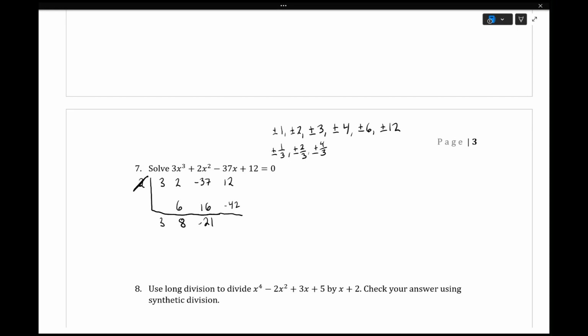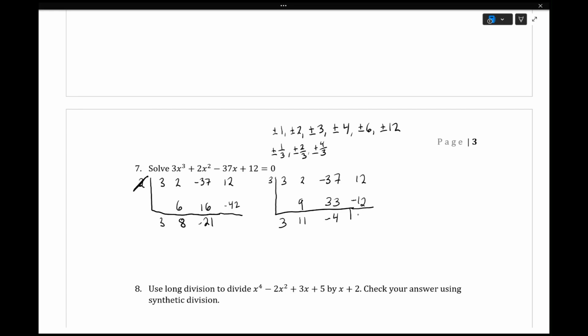So maybe 3 will work. So I do the 3, the 2, the negative 37, and the 12. I bring down the 3, I multiply by 3, I add the 2 and 9 to get 11. I multiply by 3 to get 33. Oh, I feel good about this. I get a -4. -4 times 3 is -12.